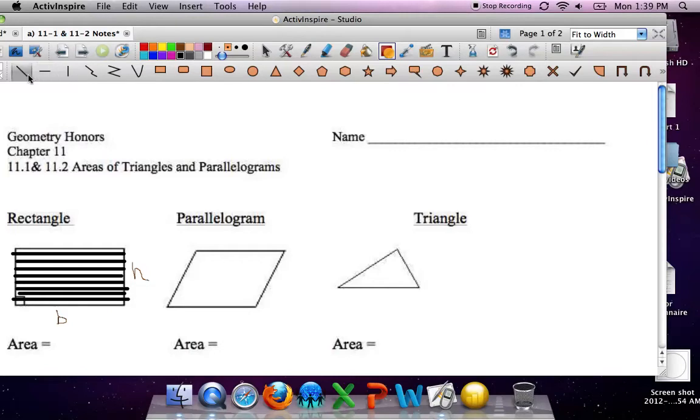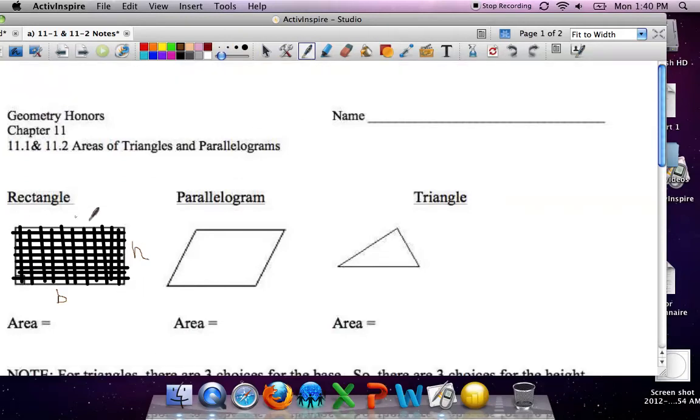Then you can imagine taking the vertical distances and making b of those. So if you combine all of these little unit squares, you would have h squares times b squares.